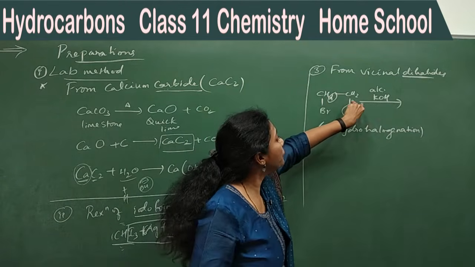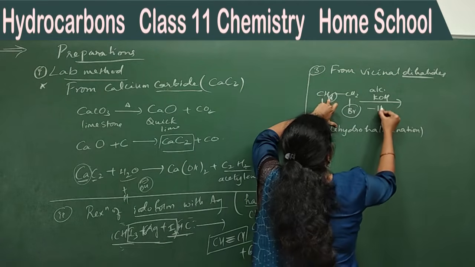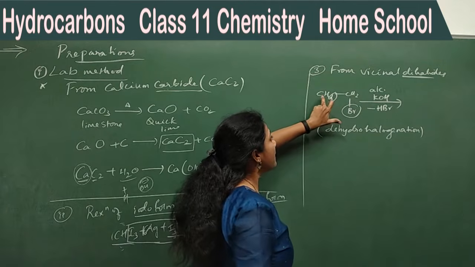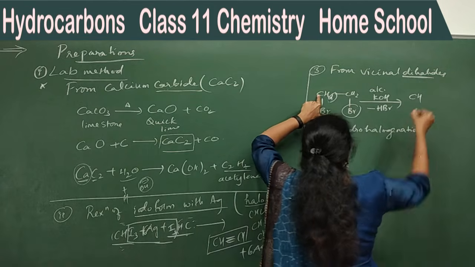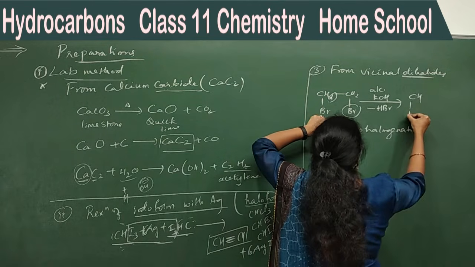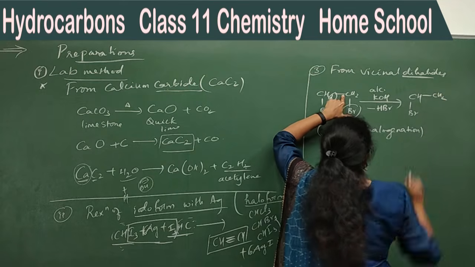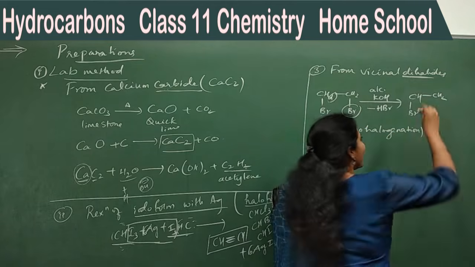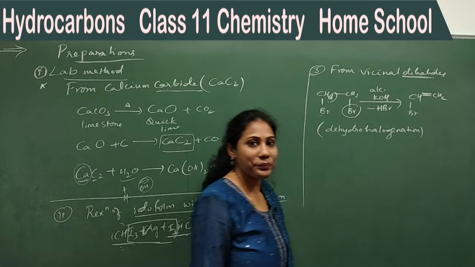So I have removed this Br and this hydrogen, so HBr is the byproduct you will get outside. What is remaining here? CH, and this Br is as it is, whereas CH2. But the valency of these carbons is not satisfied, so I should definitely put one double bond there.